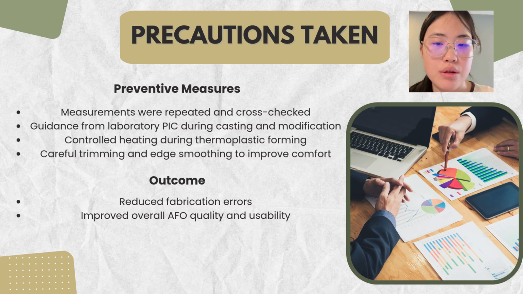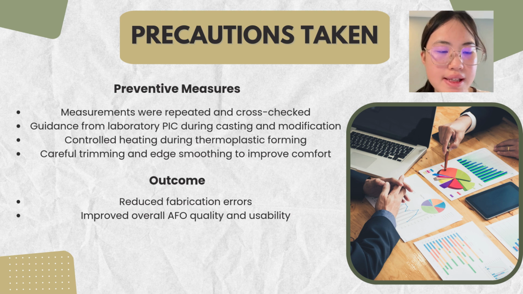To reduce these errors, several precautions were taken during the fabrication process. Measurements were repeated and cross-checked by group members to improve accuracy. Guidance from the laboratory PIC was also provided during casting and modification. During finishing, careful trimming and edge smoothing were performed to improve comfort and usability.